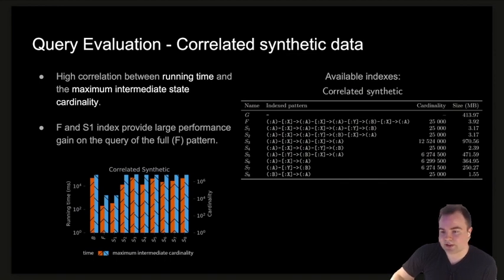In addition to maintenance, we also studied query evaluation using path indexes. What we found is that if you're smart about the pattern that you choose, you can get great performance afforded by path indexes, reducing both intermediate result size and query time.